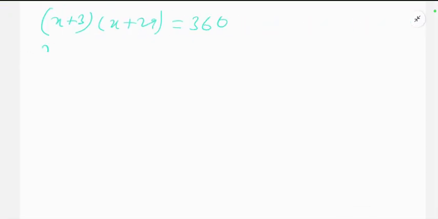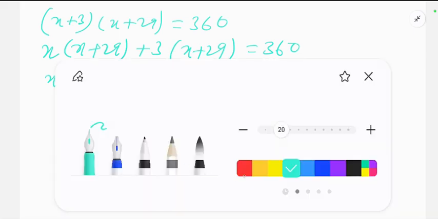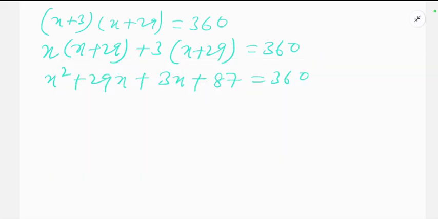Let's multiply x into x plus 29 plus 3 into x plus 29 equals 360. It will become x square plus 29x plus 3x plus 87 equals 360. And now further we simplify it.